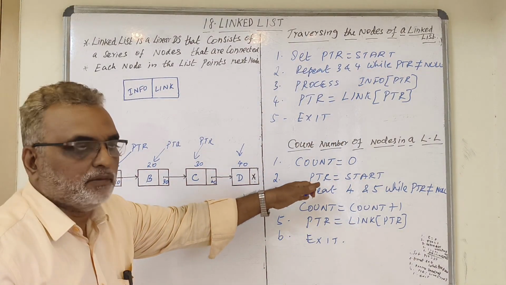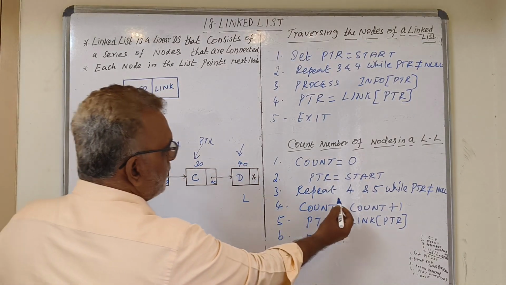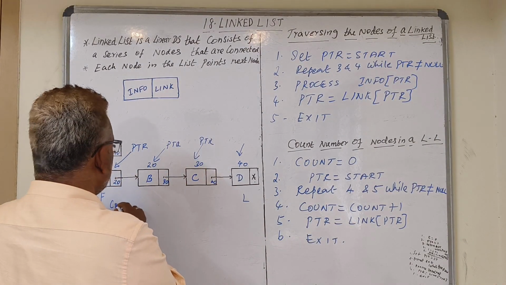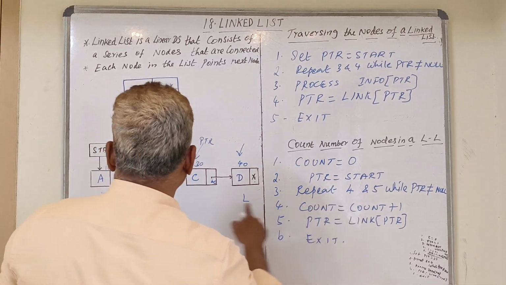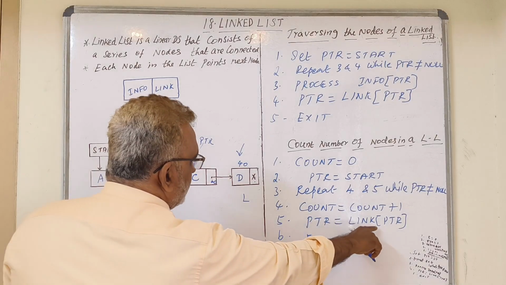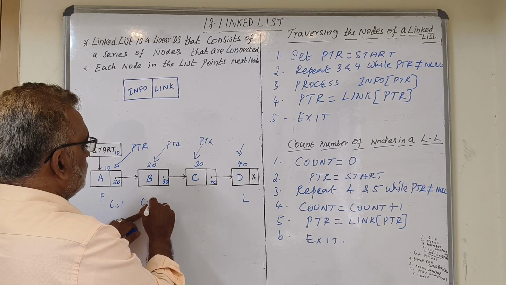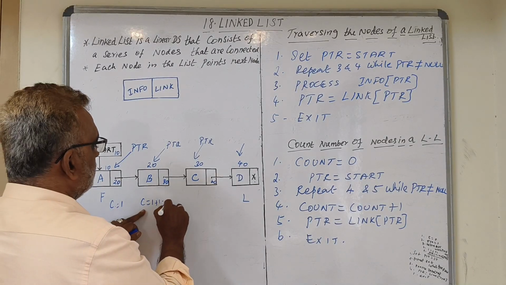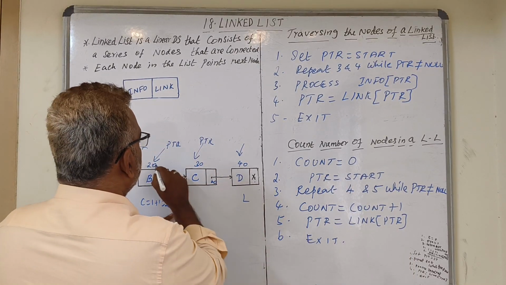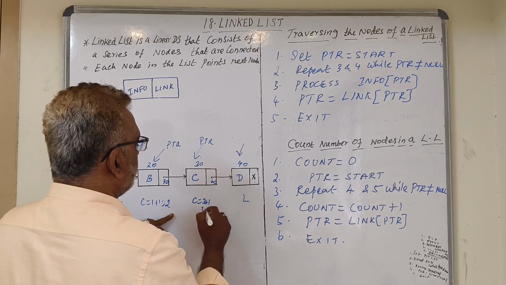Initially the PTR is here. We repeat the process, steps 4 and 5. What is the value of count? Count is initially 0, so 0 plus 1. Now the count value is 1. PTR is the link of PTR, so PTR is moved. Now the count value is 1 plus 1, that is 2. Again PTR is moved here. Now the count value is 2 plus 1, that is 3.